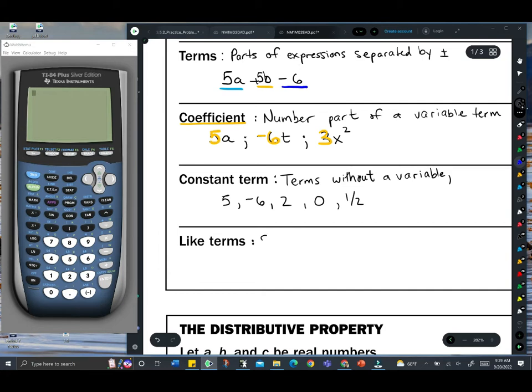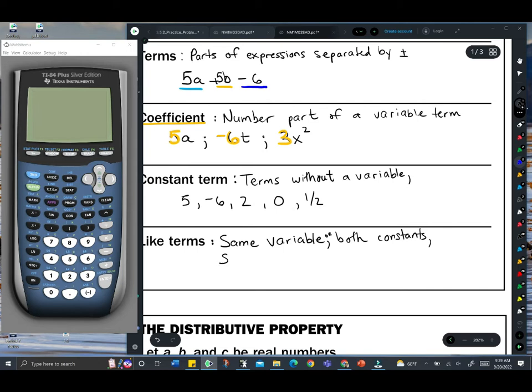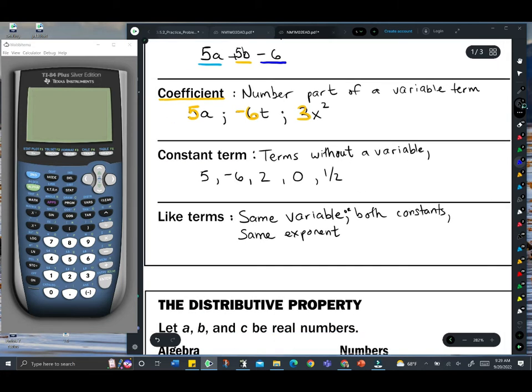Like terms have the same variable or are both constants, and they have the same exponent. We're going to see what that means in some examples below.